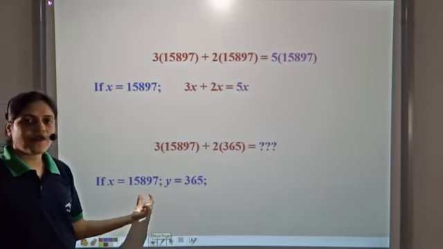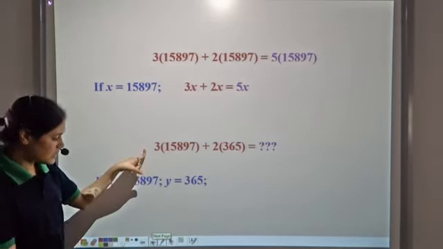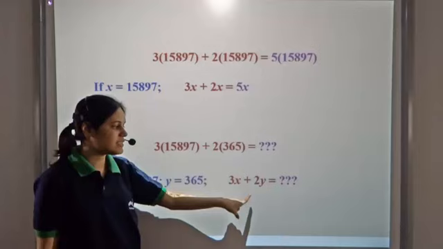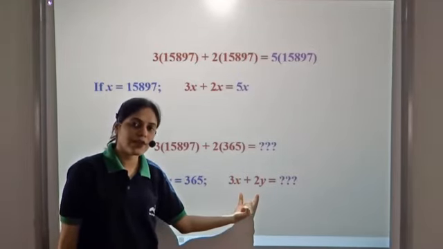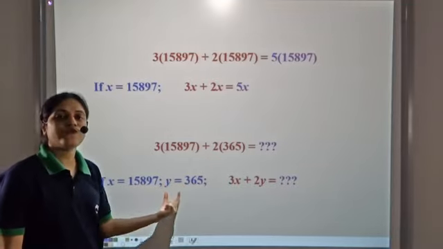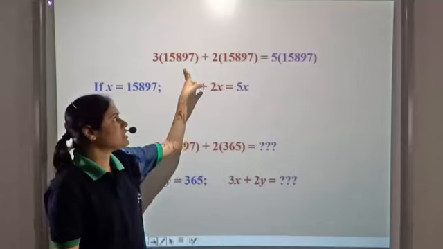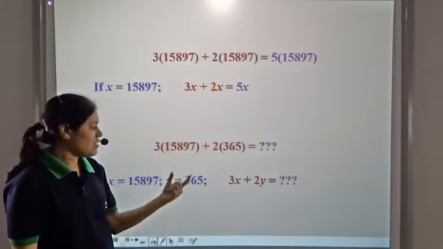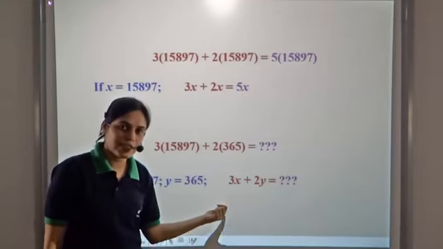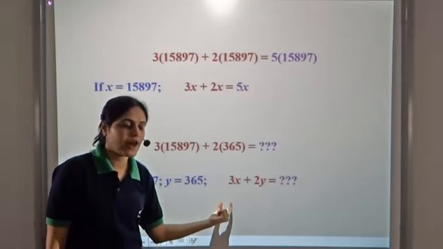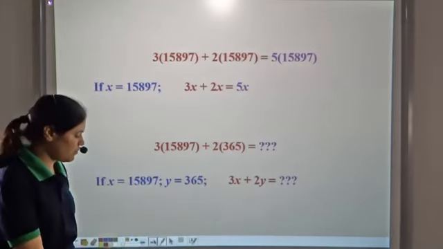So if x is 15897 and y is 365, this expression can be written as 3x plus 2y. But now we cannot group them together because these are two different numbers. Here we were able to group it because these are the same numbers. Here these are two different numbers, hence these are unlike terms, so we cannot group them together and we have to write it as 3x plus 2y.